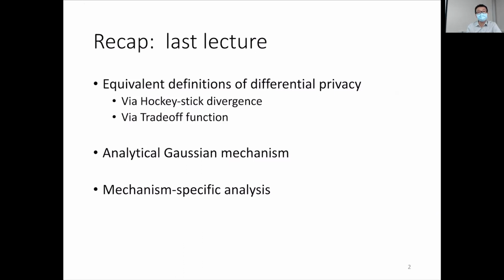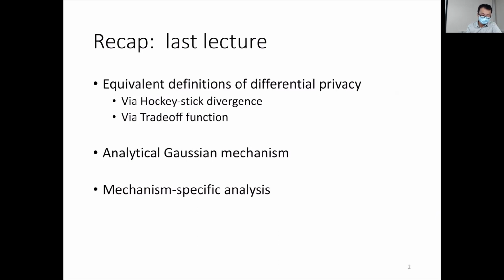Alternatively, we can define differential privacy according to a lower bound, or performance limit, of the adversary's ability to recover which data set gave rise to the output of the randomized mechanism. It turns out that these characterizations are if and only if, supposing the mechanism satisfies epsilon-delta DP.